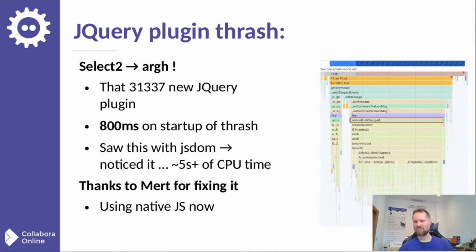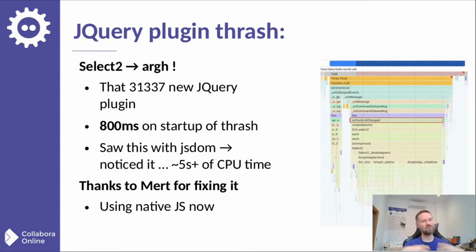Other silly things we found. So the jQuery nonsense. Turns out that there's this select-to thing that someone has used. Everyone is cargo culting in some new NPM module from somewhere that seemed like a good idea at the time, and this turns out to be a really bad one. 800 milliseconds of startup time, just doing nothing useful, with some overly complicated jQuery selection thing for font lists.